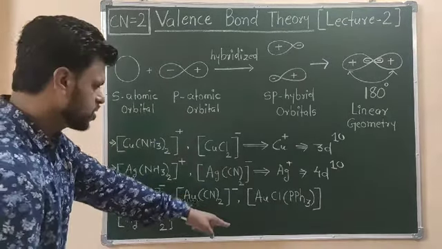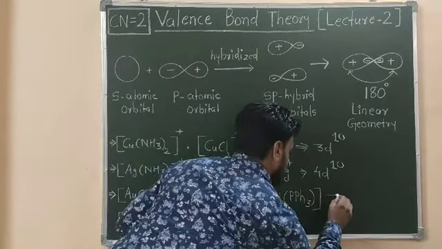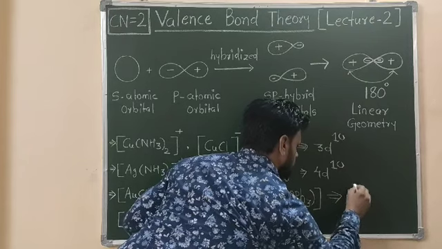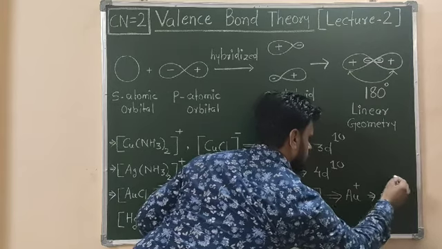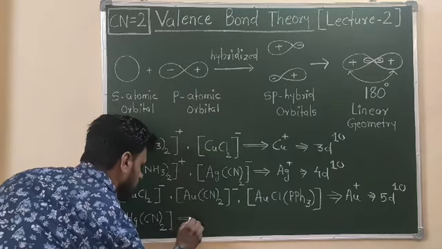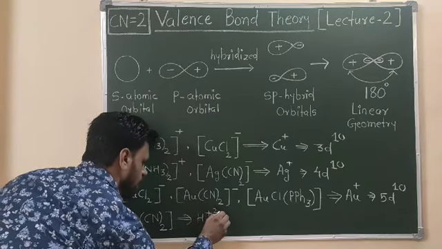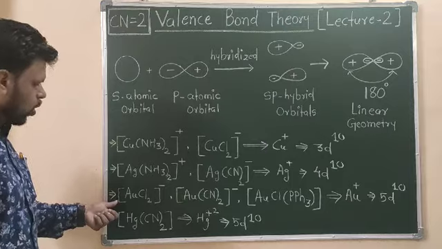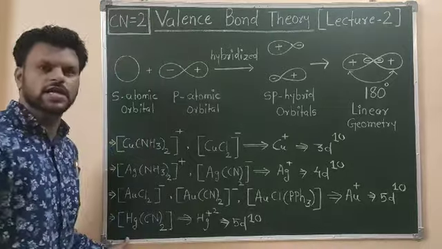In all the complexes, you might have realized, gold has a +1 charge, and +1 gold means the system will be 5d10. And lastly, in the mercury complexes, mercury has a +2 charge, again a 5d10 system. So copper +1, silver +1, gold +1, and mercury +2 all have the d10 electronic configuration.